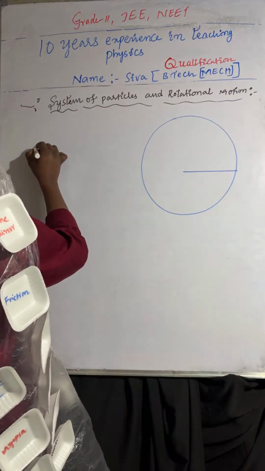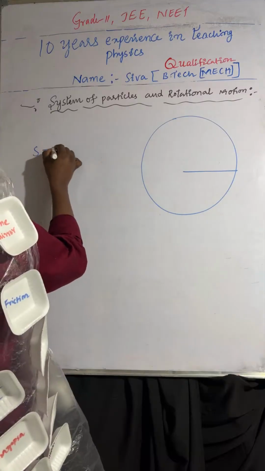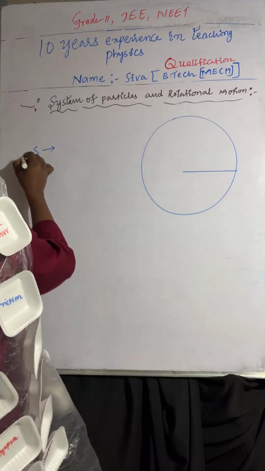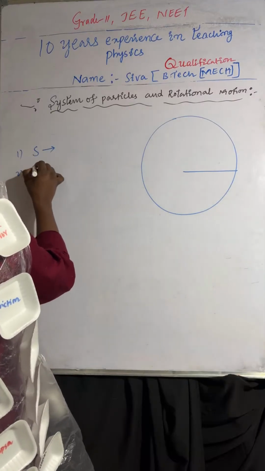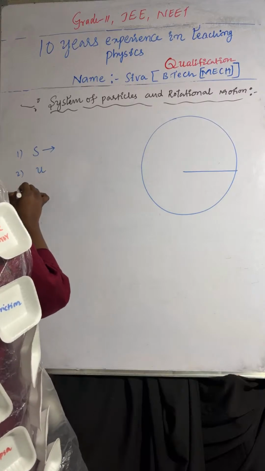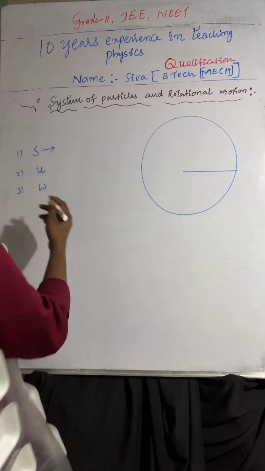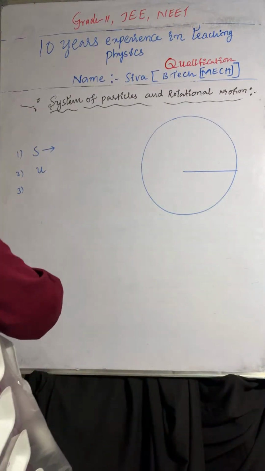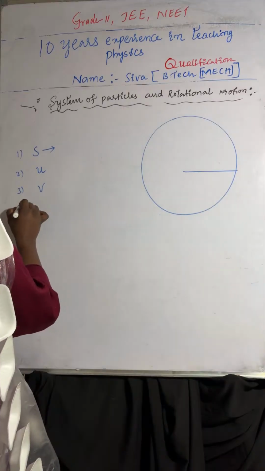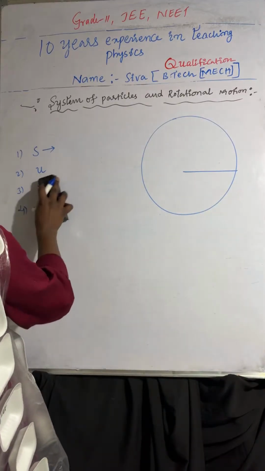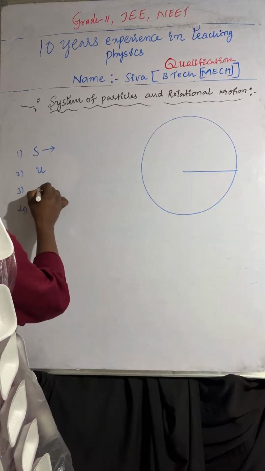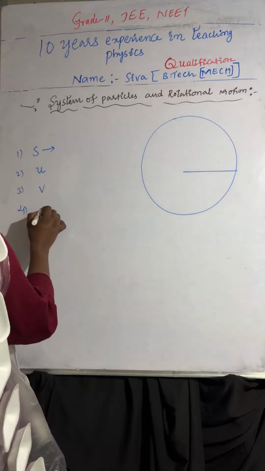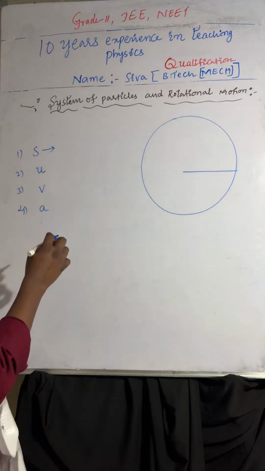So linear quantities: distance, we take x; then initial velocity u and final velocity v, and acceleration a.